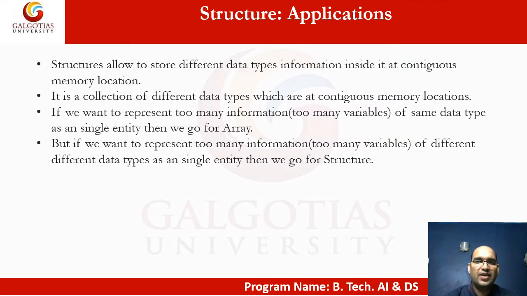Now, structure applications. Structure allows you to store different data type information inside it at continuous memory location, right? It is a collection of different data types which are at continuous memory location. So what we want to tell you with these 2 points is that many a time we want to store the information in a continuous memory location, but that information is not of the same type.